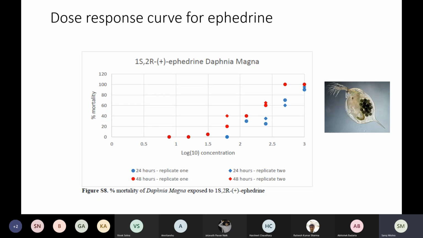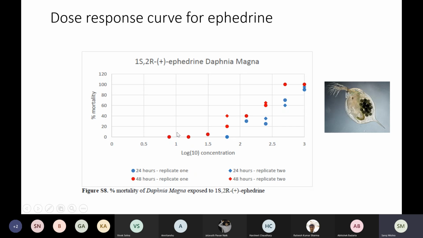Then comes the primary consumer. This insect, Daphnia magna, is a primary consumer. In many ecotoxicology studies, if you want to determine the toxicity of a particular compound, you select representative organisms from each trophic level. That's very important. So this Daphnia is the primary consumer here.